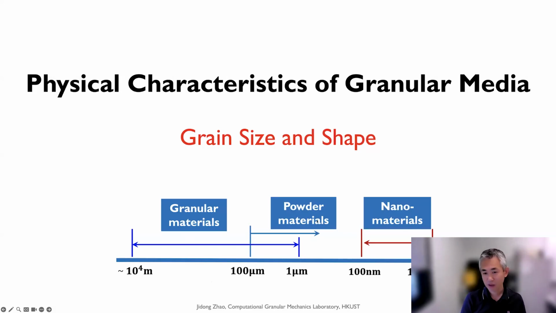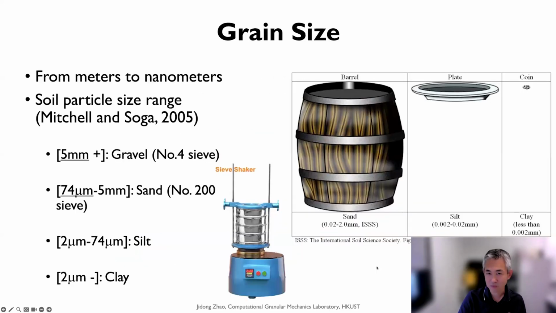We call it powder if the grain size is between 100 microns and 100 nanometers. And we further call it nanomaterials if it is below 100 nanometers. So grain size and shape matter here.